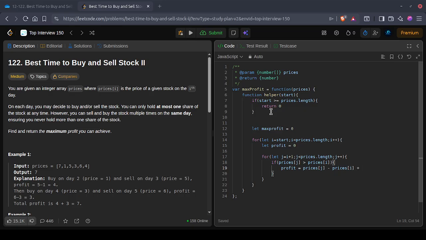And we have to again add the helper function for the next upcoming days, j plus 1, and also update the maximum profit here. maxProfit is equal to Math.max of maxProfit or profit.